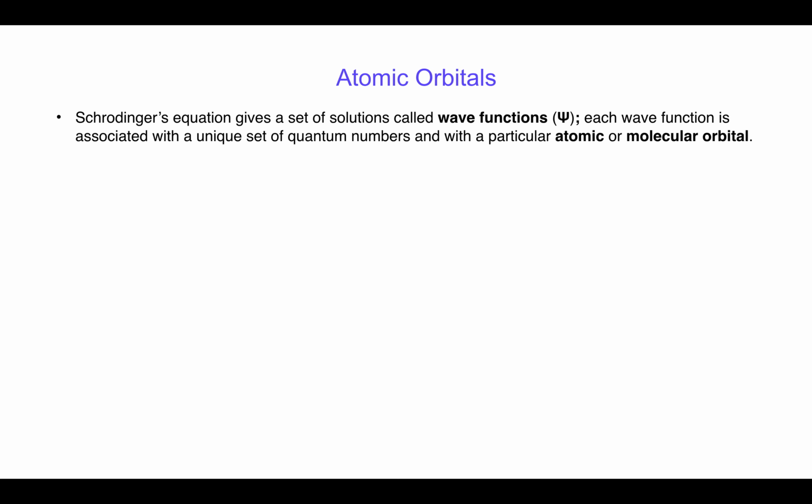Now, by the solution of this Schrödinger wave equation, we come to know about some specific regions within the atom where, considering the wave properties of electron, the probability of finding the electron becomes very high. And these regions are called the atomic orbitals.